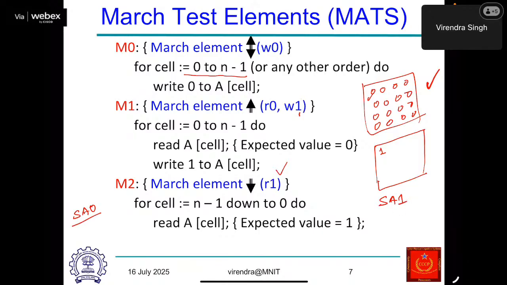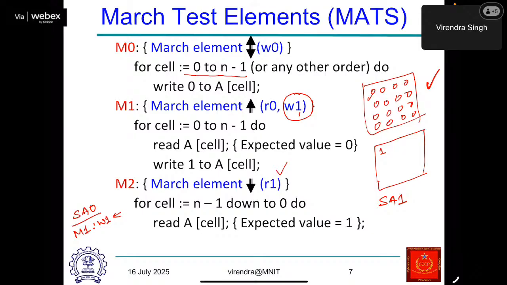Now stuck at 0 will be initiated when I apply this w1. So in M1, when I apply w1, in that case, it will excite that particular condition, that the cell which was at logic 0, now I want to write 1, whether it is going to state 1 or not.